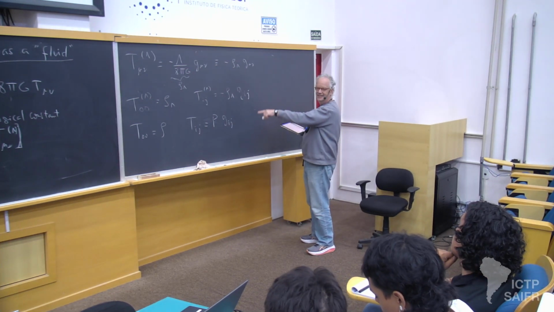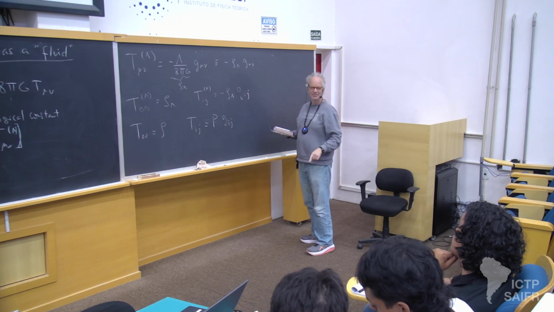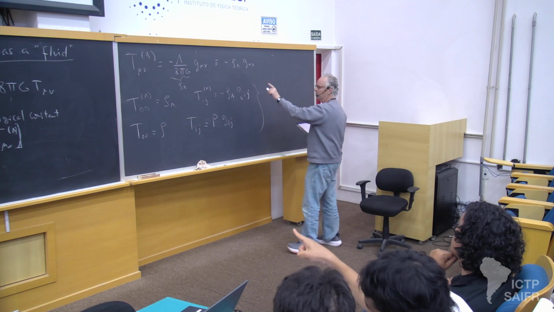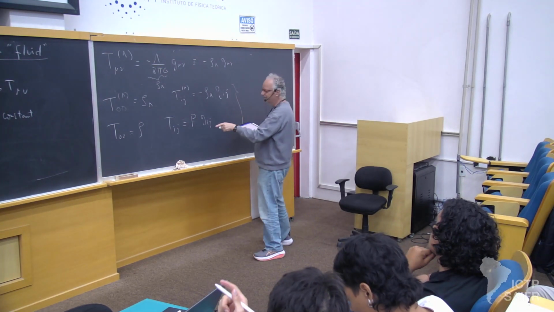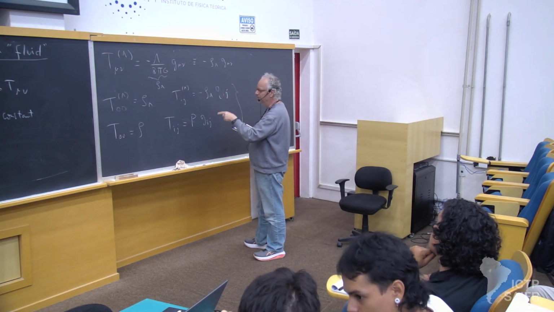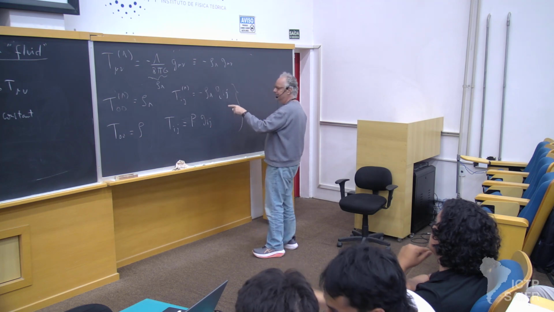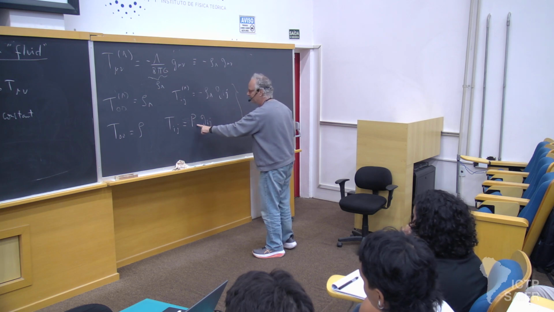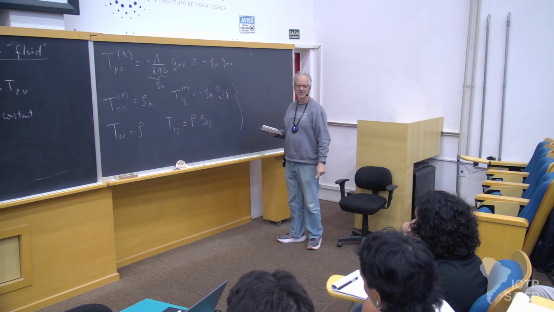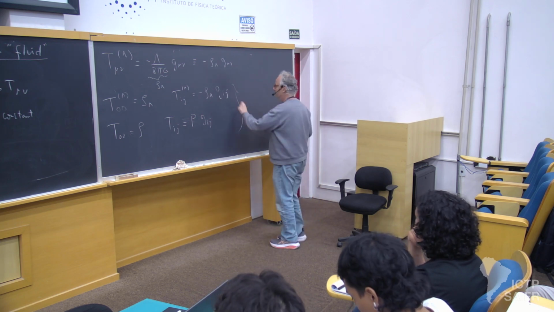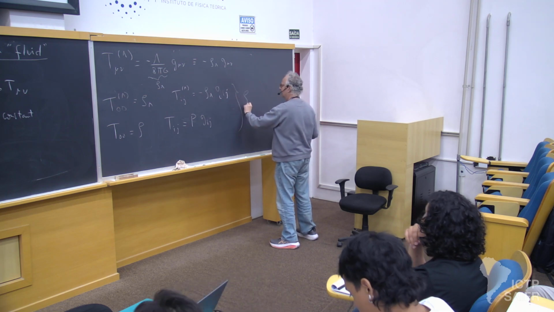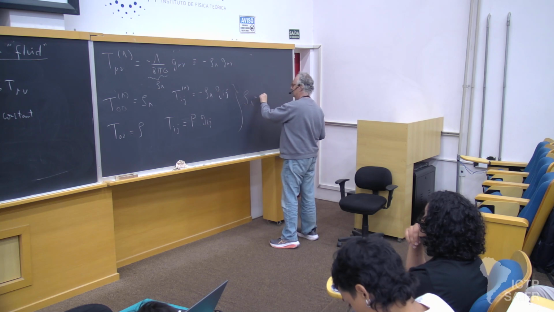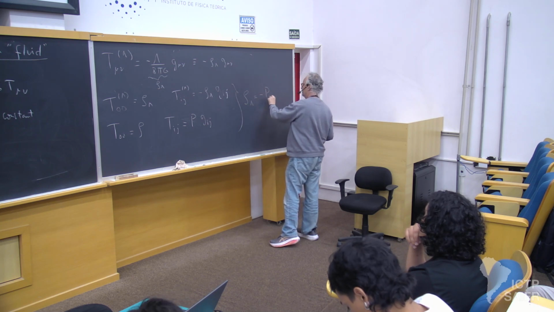So looking at these things, what do you conclude? That the cosmological constant is equivalent to an energy momentum tensor where the energy density of the cosmological constant is minus the pressure of the cosmological constant. So from this, you conclude that the energy density of a cosmological constant is minus the pressure of the cosmological constant.